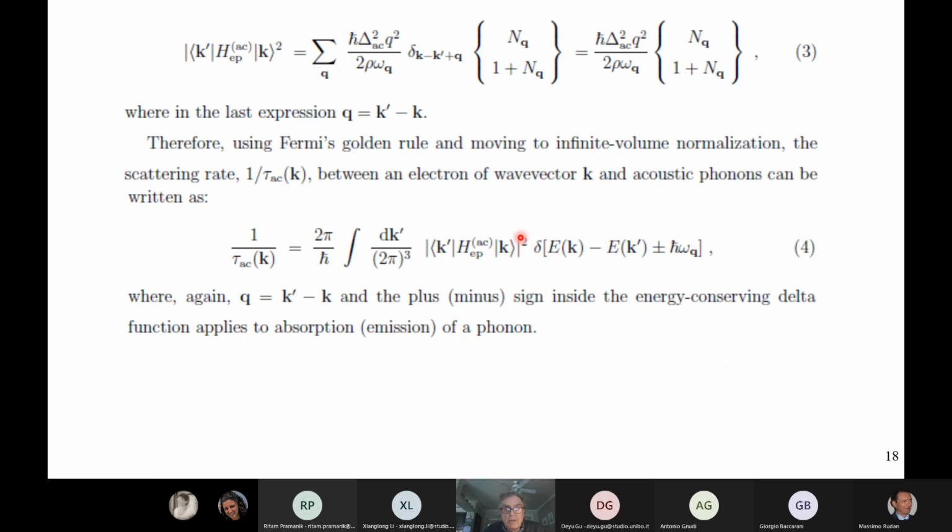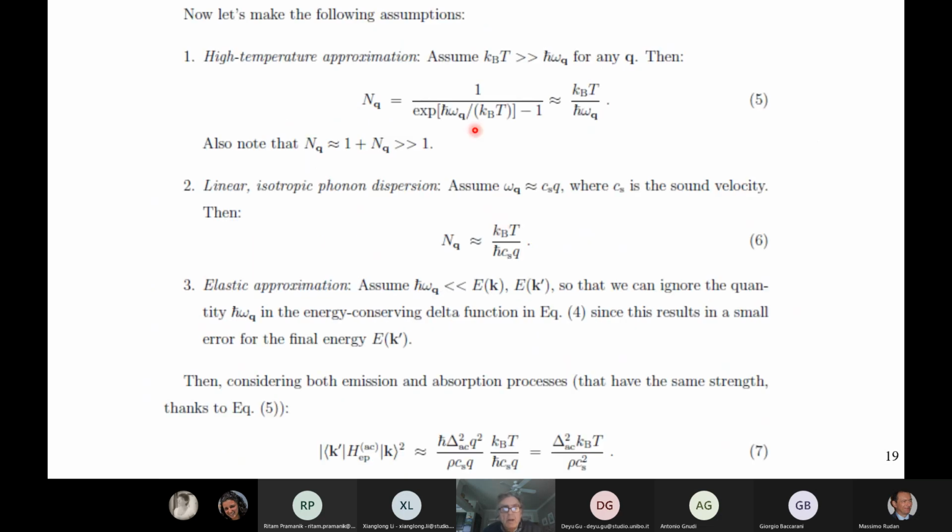The square of the matrix element between an initial state and a final state, K prime, the delta function that expresses energy conservation, plus or minus depending on whether we're emitting or absorbing a phonon, the famous 2 pi over h bar in front, and then we sum over all the final states. And we're assuming that there is already a momentum conservation represented by the delta function that we have here.